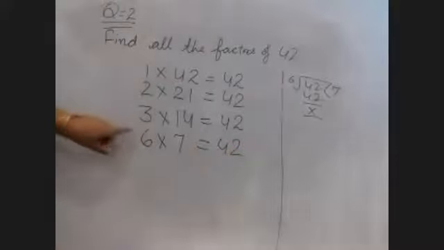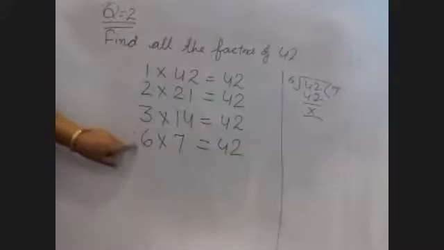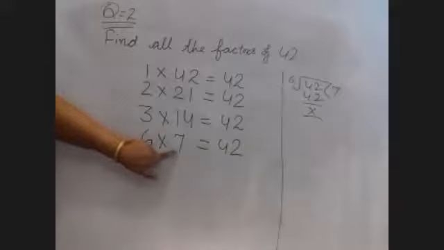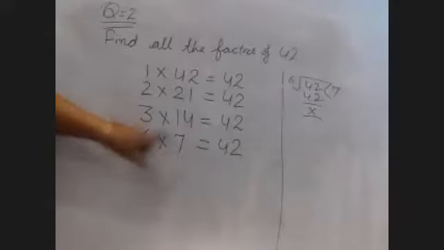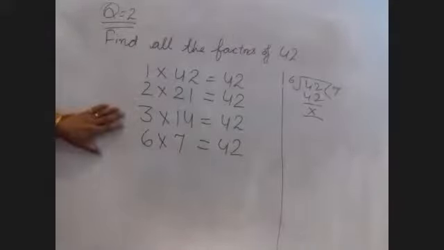Yes, friends. After 6, next number is 7. 7 is already here. So now we'll write all factors of 42.